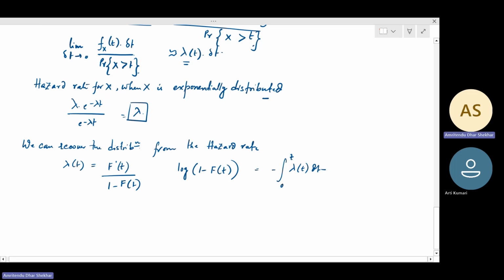Plus a constant, which gives us F of t equal to 1 minus e to the power minus the integral from 0 to t of lambda t dt.